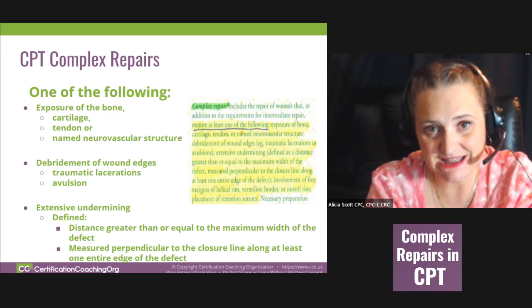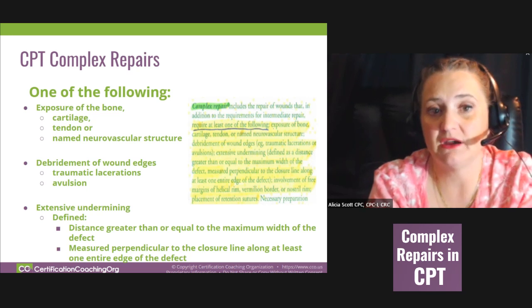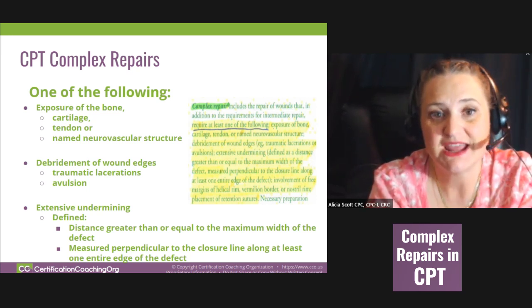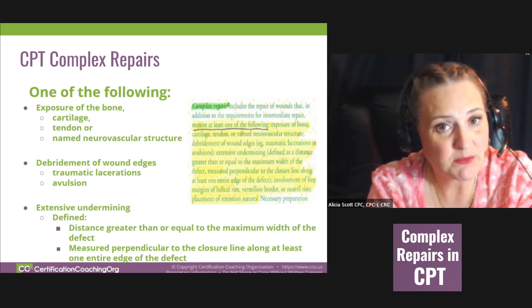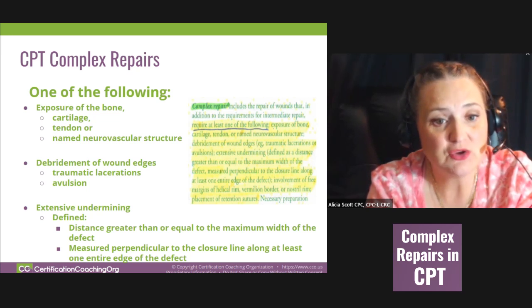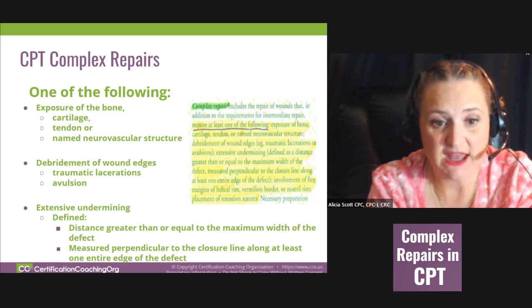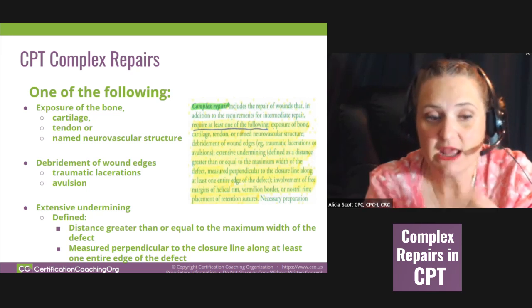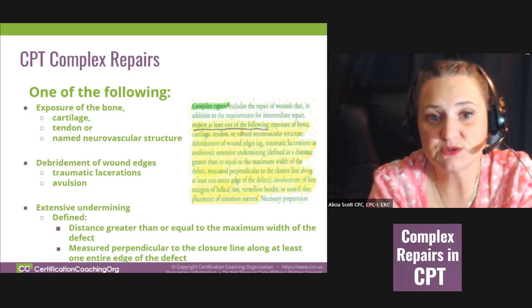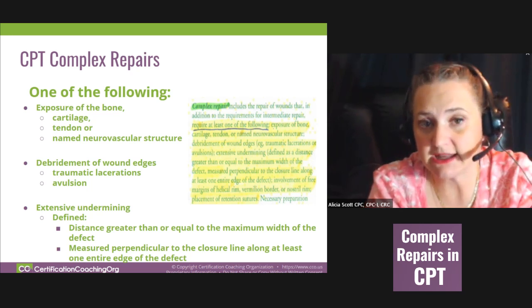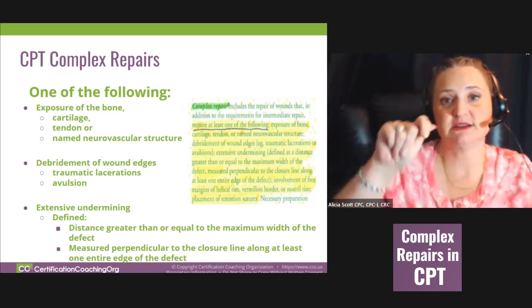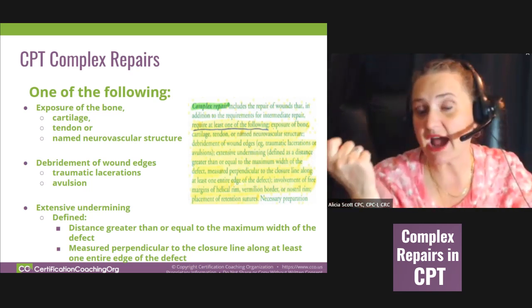The second thing that could be in your documentation is debridement of the wound edges. Now, when we talk about debridement, when you have a wound that is like a traumatic laceration or an avulsion, then of course we're going to have jagged edges. An avulsion would be like this. It's like someone took a spoon and scooped it out.